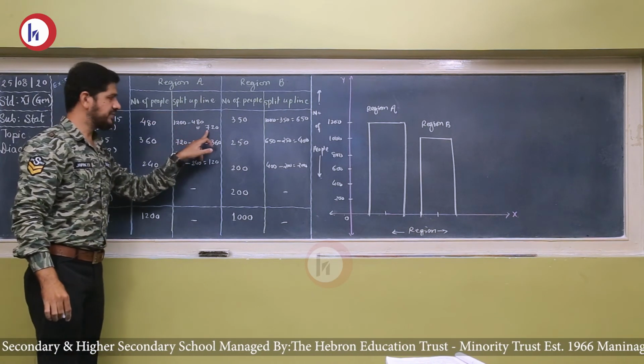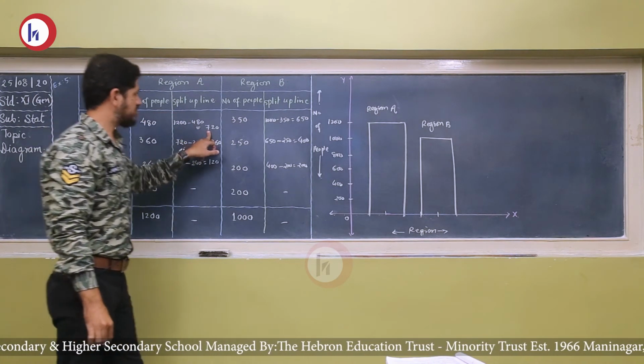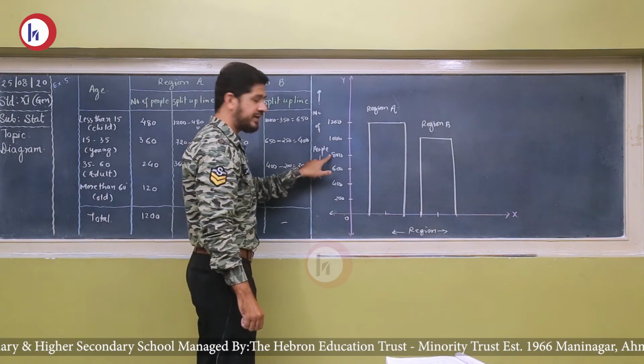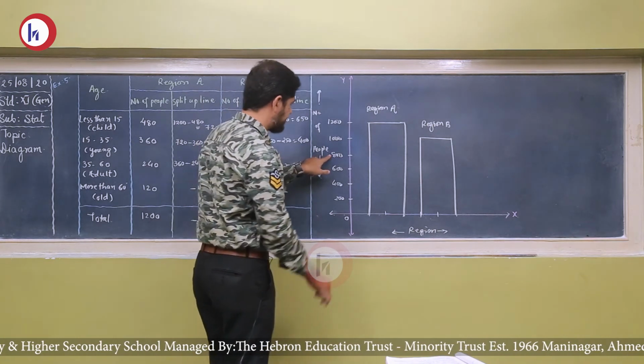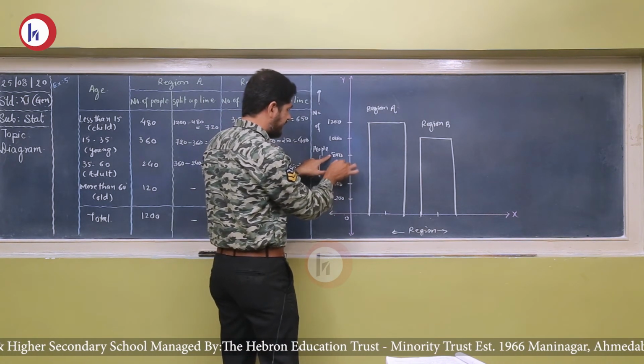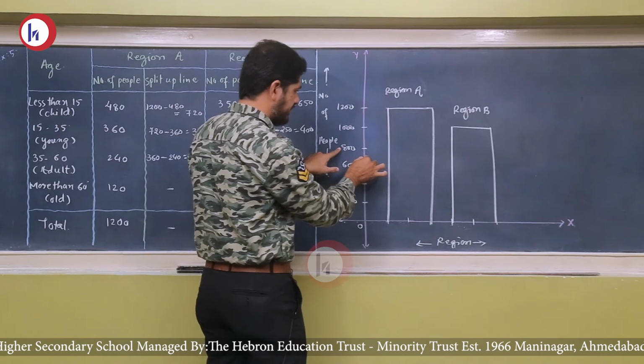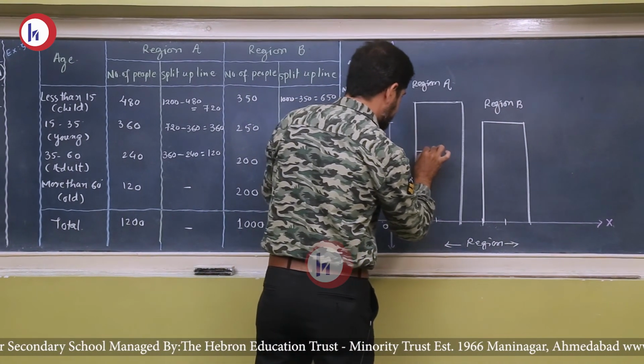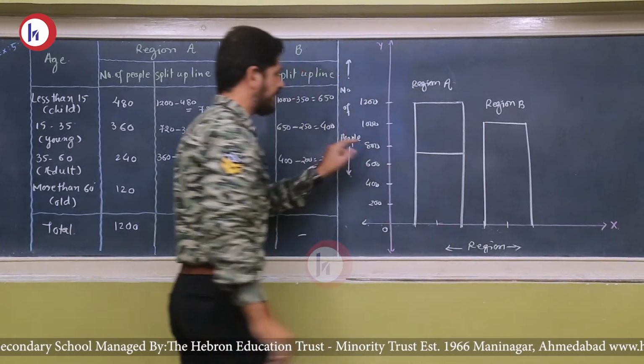The first is 720. 720 lies between 600 and 800. Exactly in the middle of 600 and 800 we get 700, and slightly above that is 720.